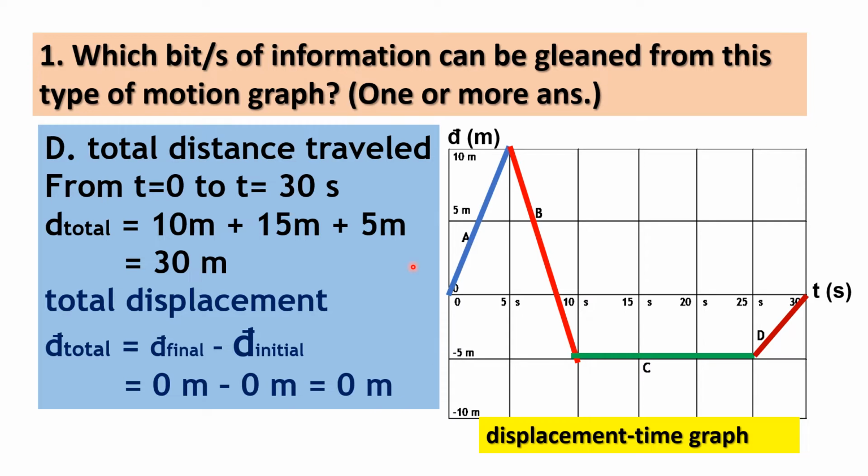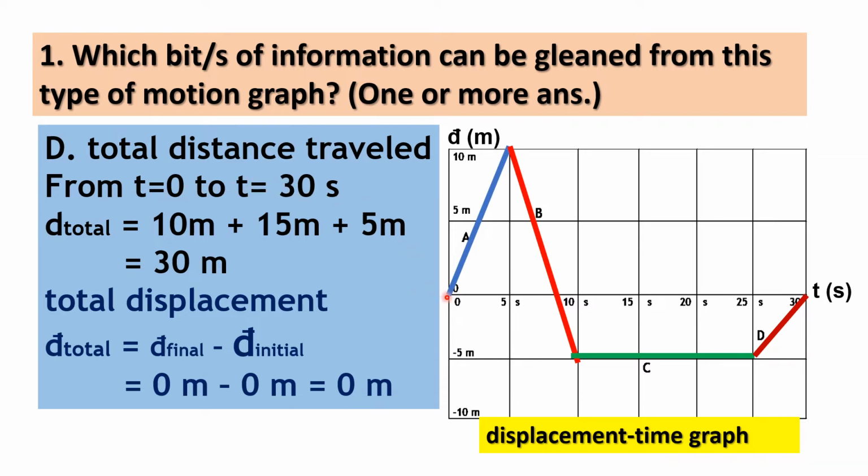The last information that we have mentioned earlier is the total distance traveled from a given instant or time interval. For example, you want to know the total distance traveled from 0 to 30 seconds.